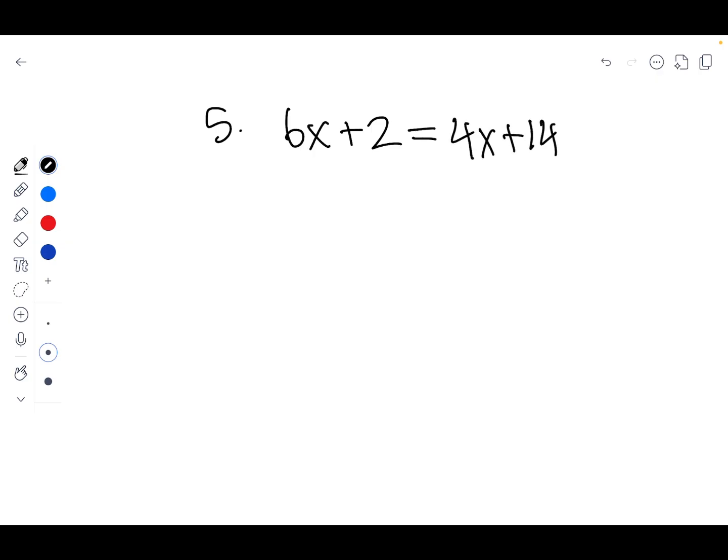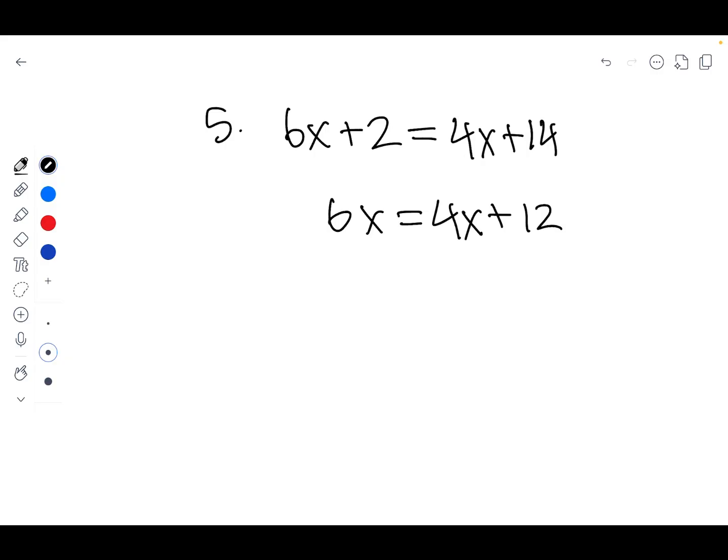Before we continue, let's review a question from the homework with one solution. I am pulling this from our homework on one solutions, number 5: 6x plus 2 equals 4x plus 14. Firstly, you would subtract 2 from both sides, so 6x equals 4x plus 12.